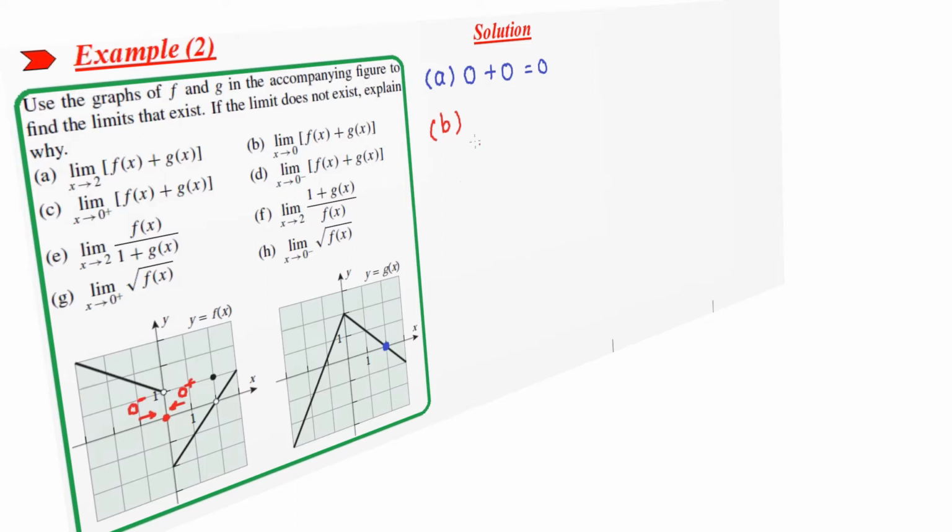So the limit f of x when x goes to 0 does not exist. So all the limit does not exist.